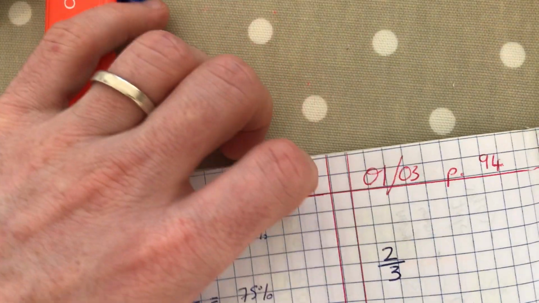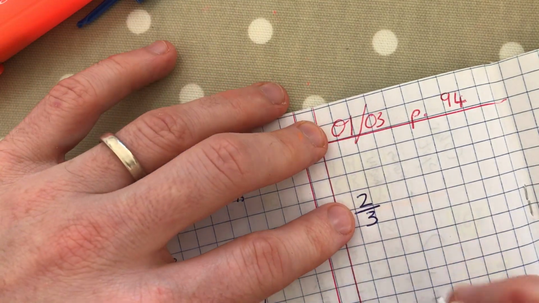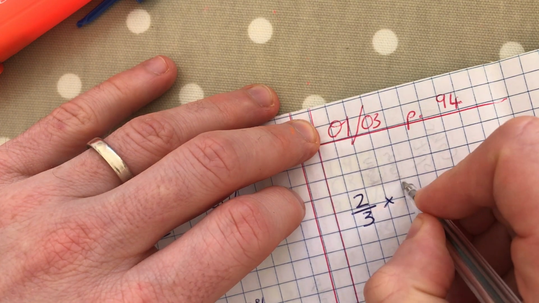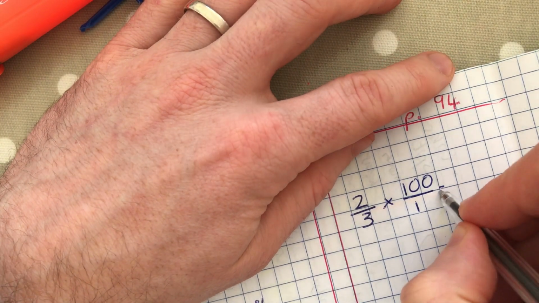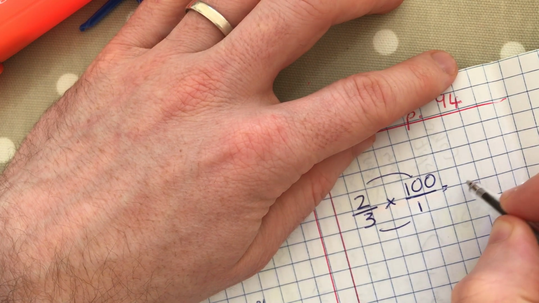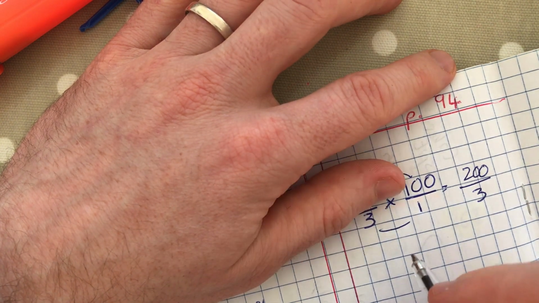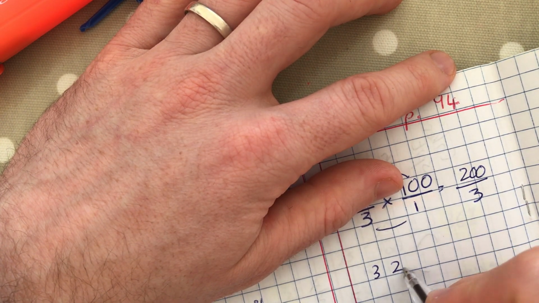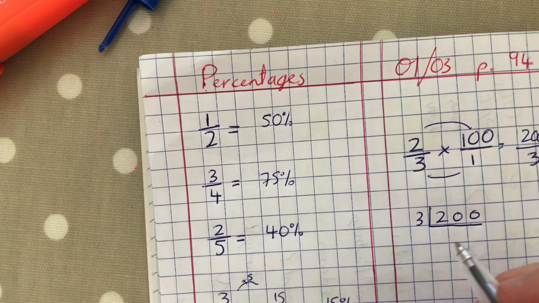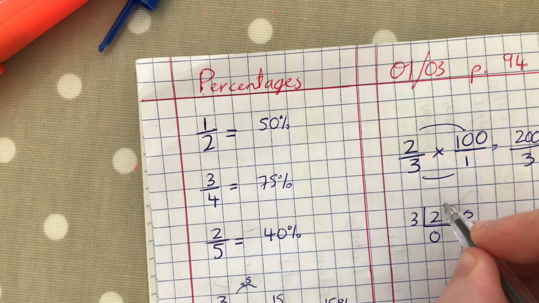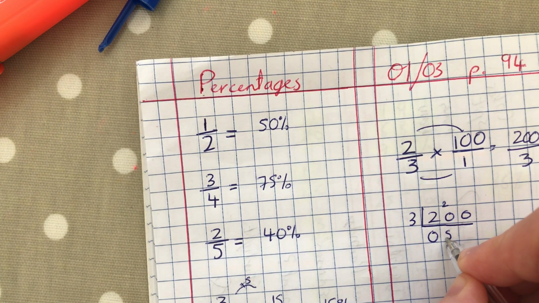Again, 2/3 isn't one maybe you know off the top of your head, and 3 doesn't easily multiply up to 100. So I multiply that by 100/1, like I did with the previous one. And we go top by top, bottom by bottom, which is 200 divided by 3. And then we just do our short division sum. 200 divided by 3. 3 into 2 doesn't go, carry your 2. 3 into 20 goes 6.